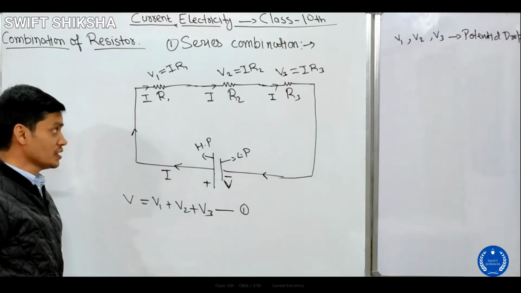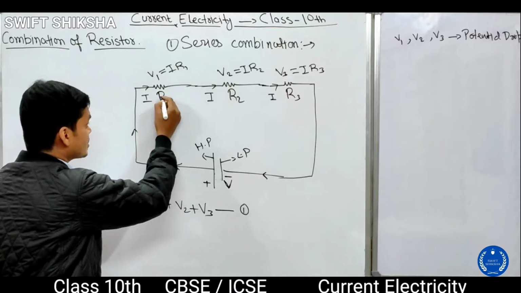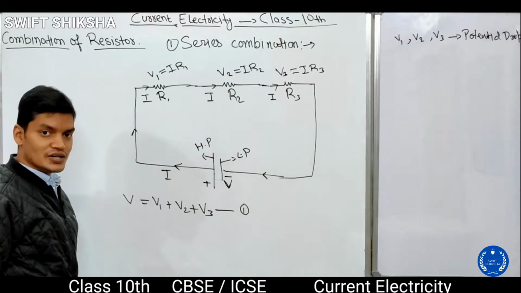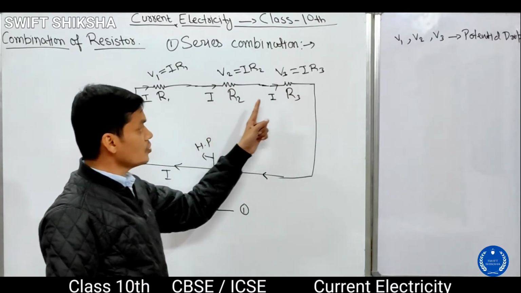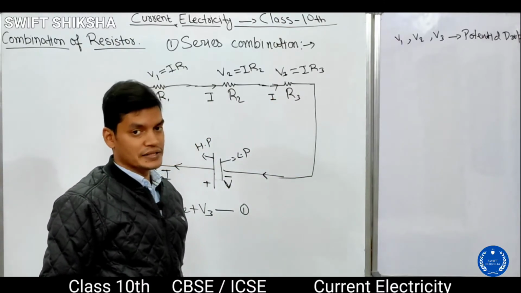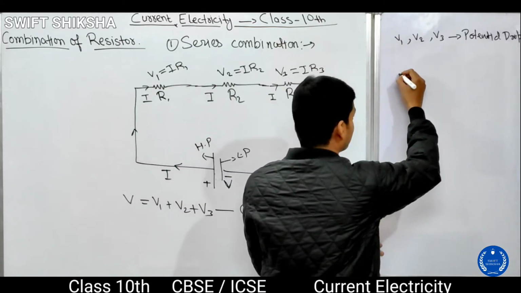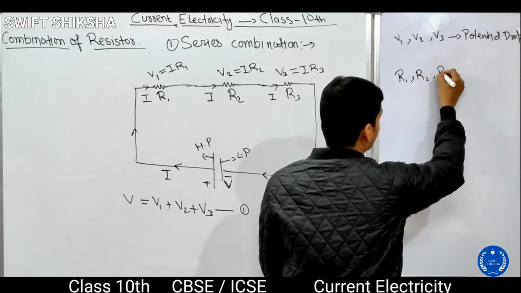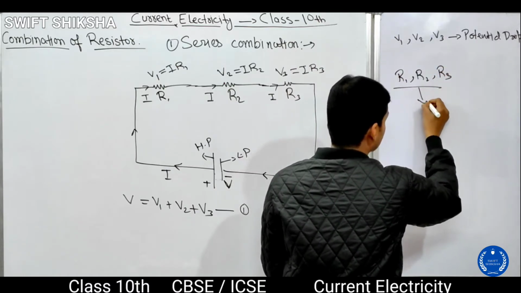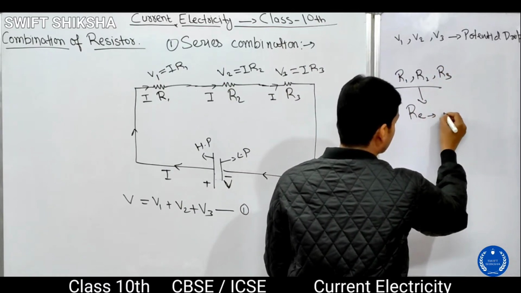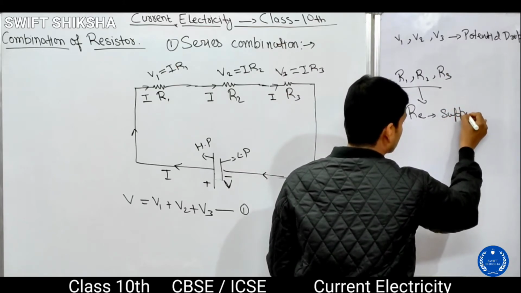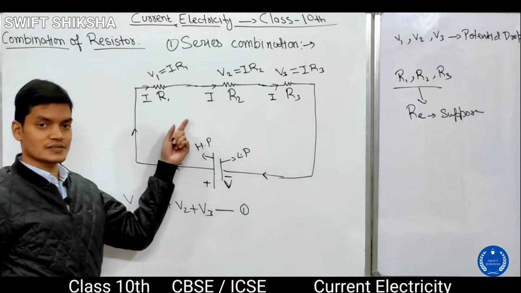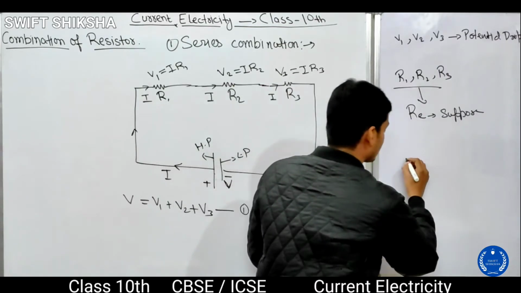Now the combination of these resistors R1, R2 and R3, you suppose, is equivalent, RE. Suppose. Then what is the equivalent circuit diagram of this? Very simple.